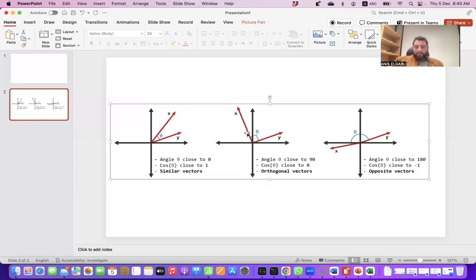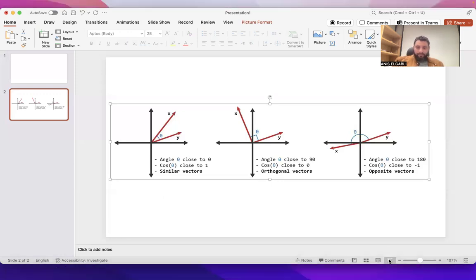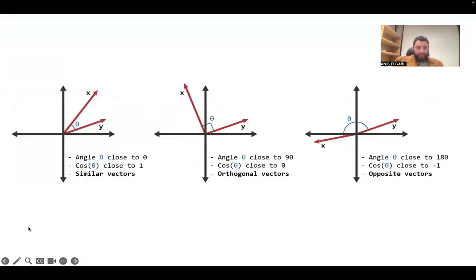So if I have a point here and a point here, they are very close to each other in terms of distance, but if we are using cosine similarity, their cosine similarity is equal to 0.